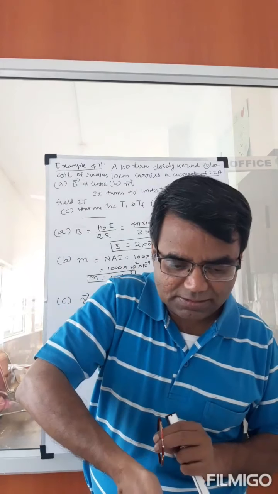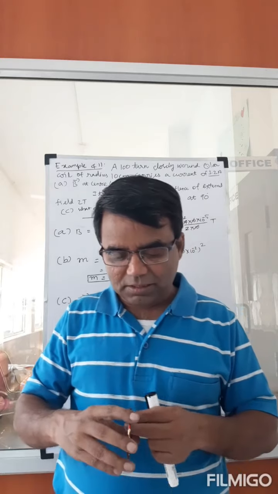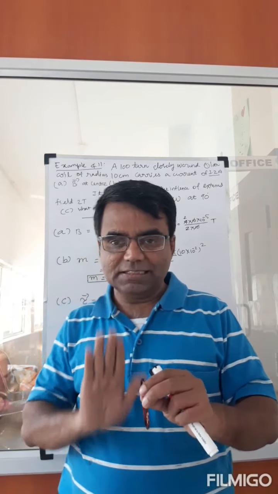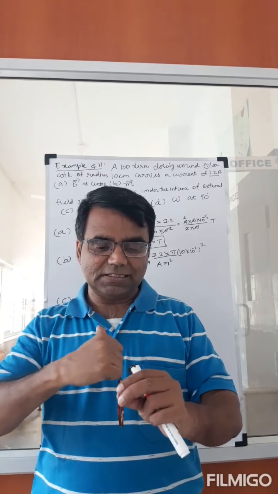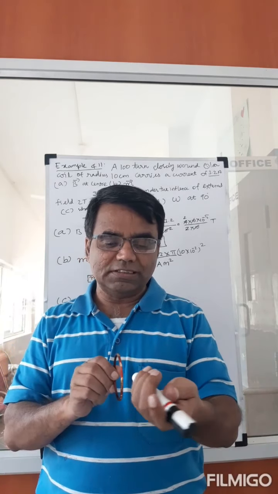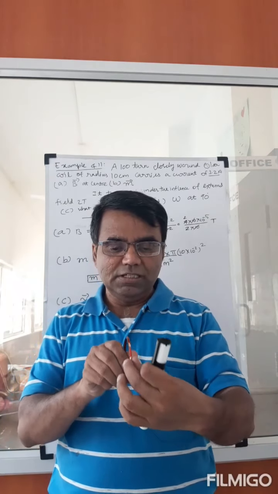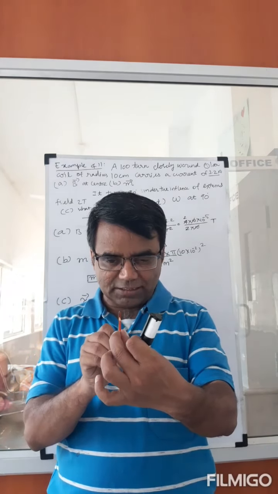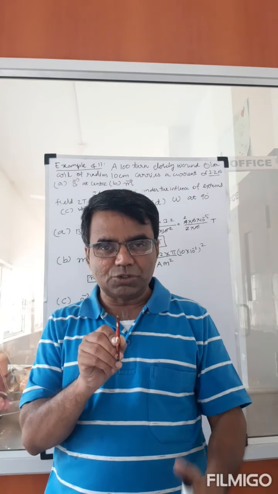I cross B, then the force on this side is going to be in this direction. And on the other side, I is up, B is there, I cross B is in this direction. So the force on this side is in this direction and the force on the other side is in the opposite direction. And if it is exactly vertical, then the forces will cancel each other and no torque will be produced.